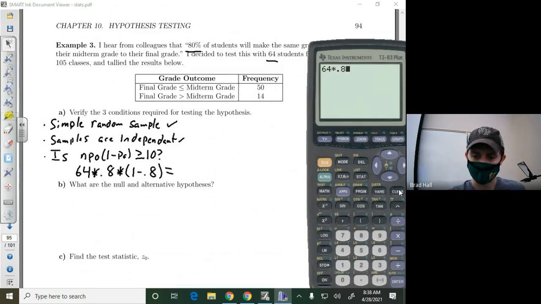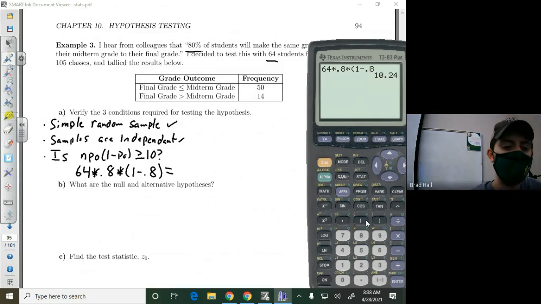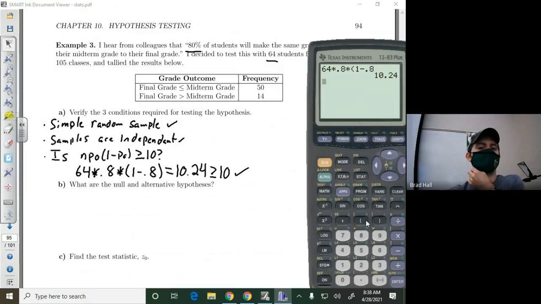So 64 times 0.8 times 1 minus 0.8. And we do, in fact, just get above the threshold. Pretty sure 62 would be the smallest sample size you could do before this would not be valid. Maybe it's 63, I can't remember. In any case, the 3 conditions are valid, which means I sampled enough people in order to use hypothesis testing.